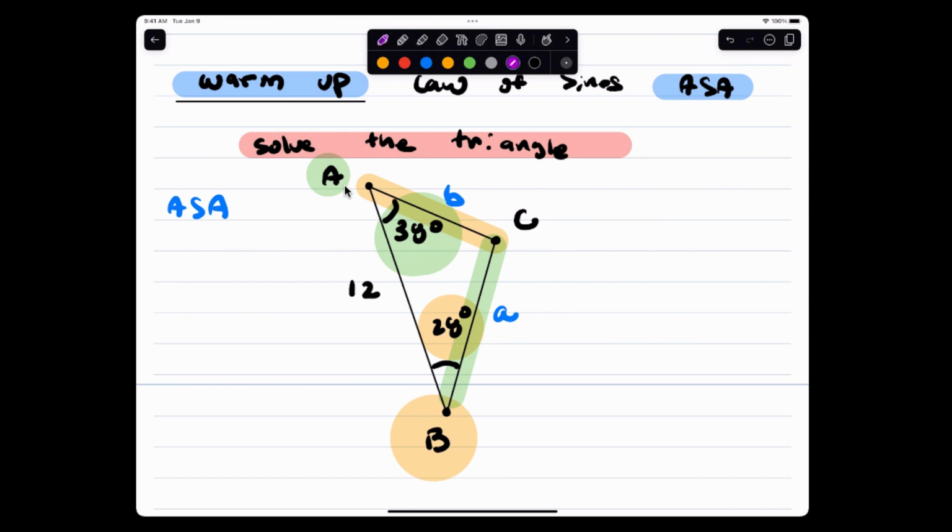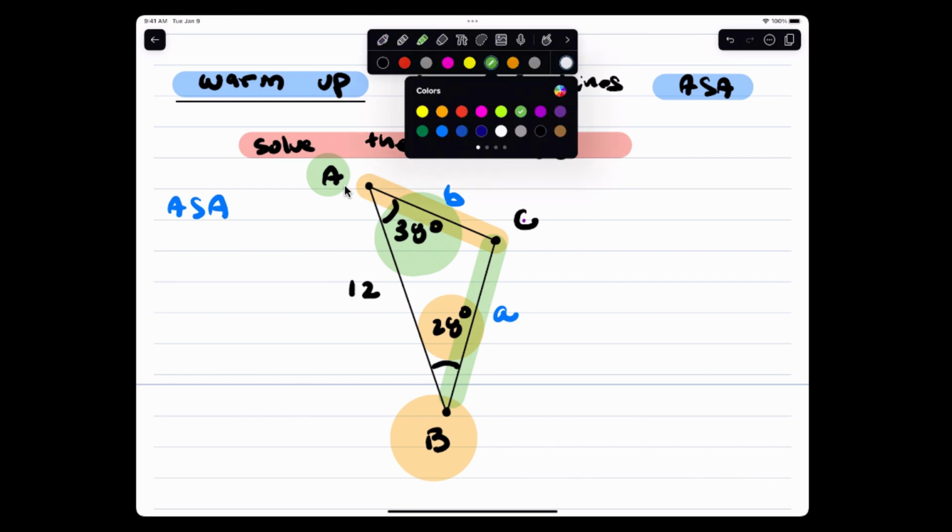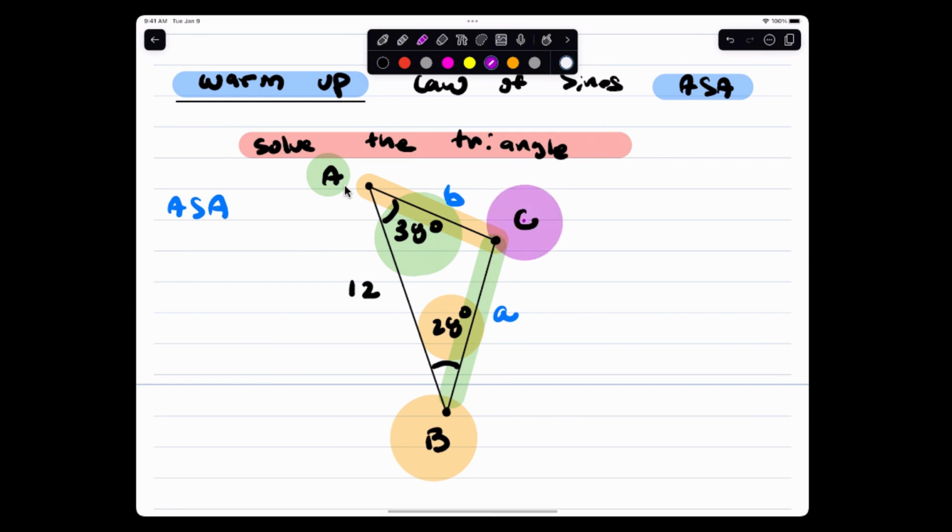And if, I'll put that in red, well, we'll put it in purple, angle C corresponds to what? Side C. What do you name that? This is 12. You guys see what I'm saying?